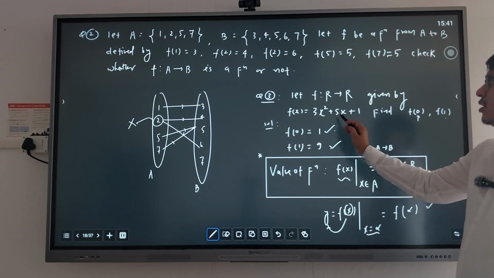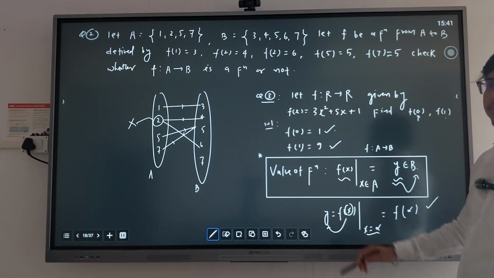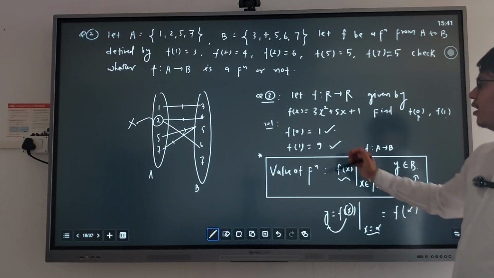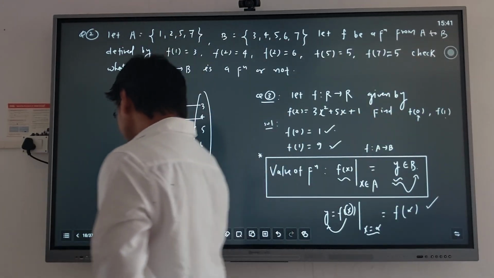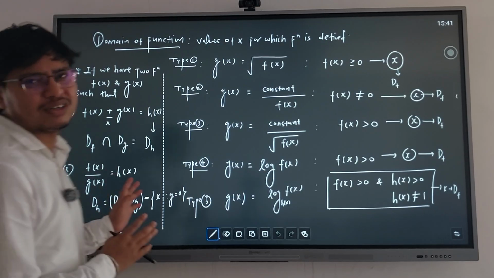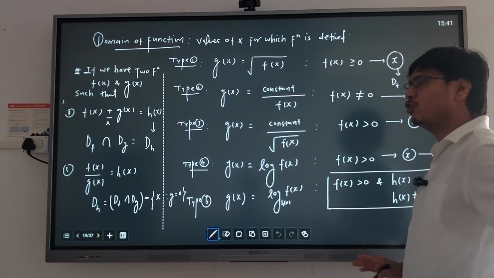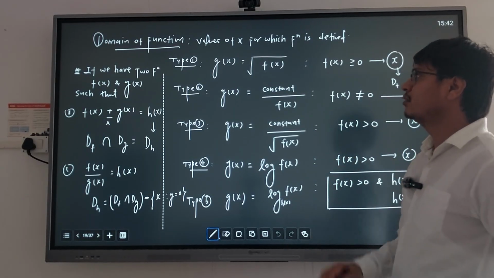So 3 into 1 is 3, 5 into 1 is 5, 3 plus 5 is 8, plus 1 is 9. Thus we get the value of the function at x equal to 1, that is f(1) equal to 9. So this is very simple, don't worry. Next, this is very important, very important. These things are very important from the JEE point of view also, not only for boards.